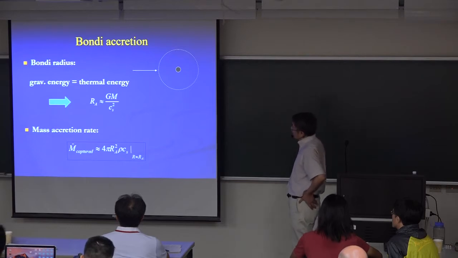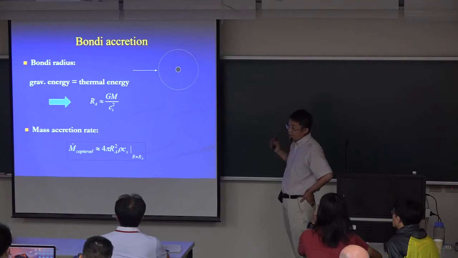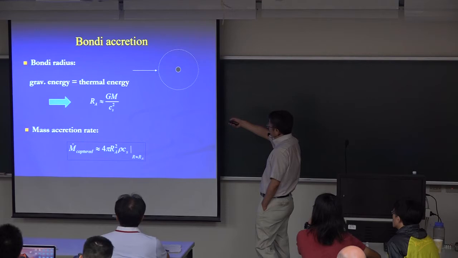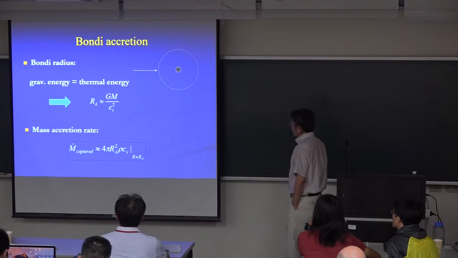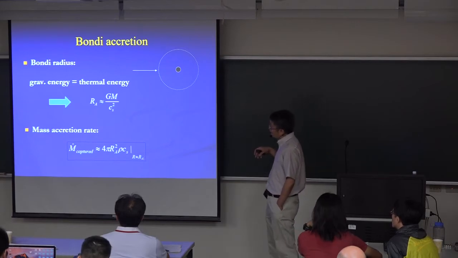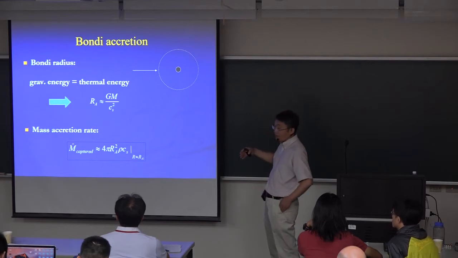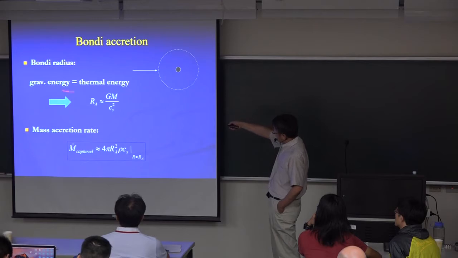Then Bondi accretion. Bondi accretion describes accretion with zero angular momentum. There is no rotation for the gas. One concept is the Bondi radius, as shown by this dashed line. The Bondi radius describes the range where the black hole can control the gas accretion. This is defined by this equation.